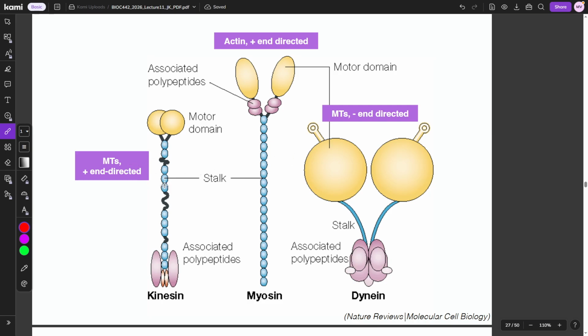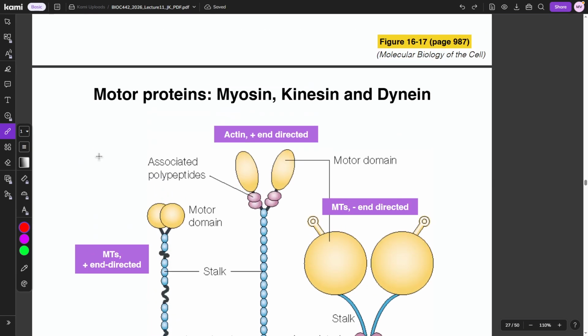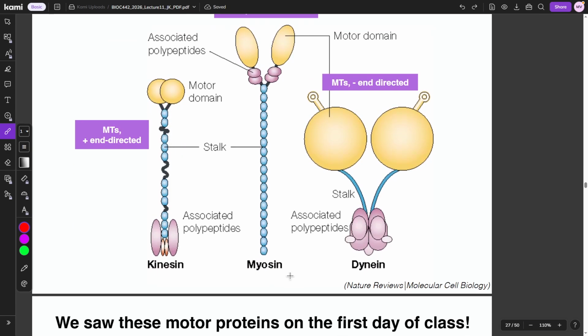The way that I actually remember this, right? Microtubules have their minus end at the nucleus and their plus end at the cell membrane. Kinesin and dynein are these walking proteins, remember? And myosin, we've already talked about, is the contractile protein.